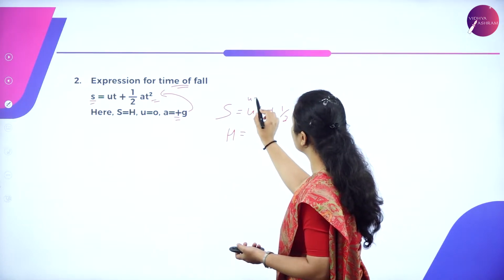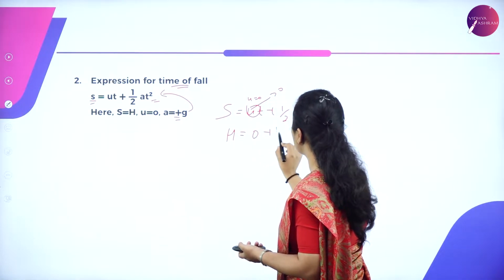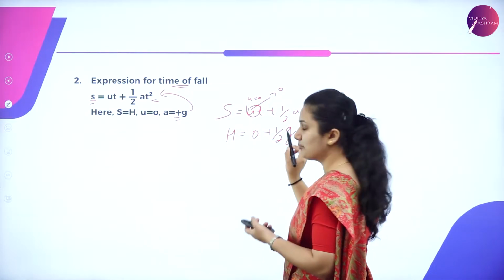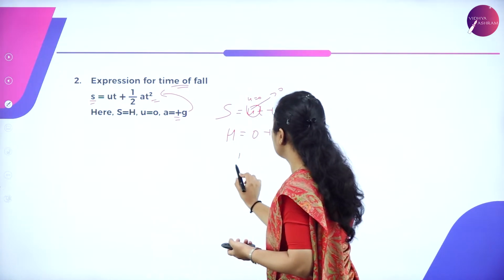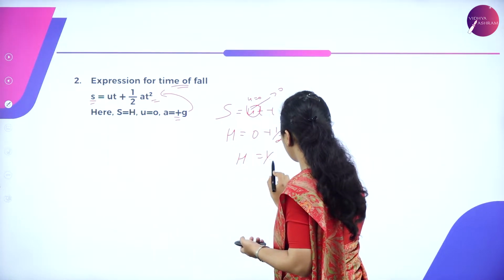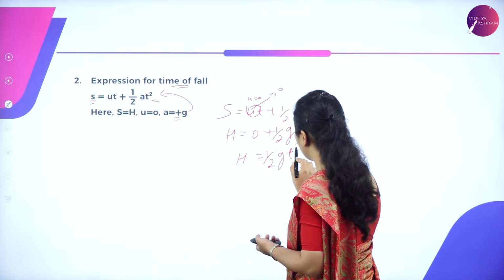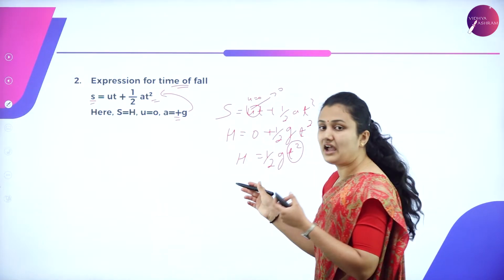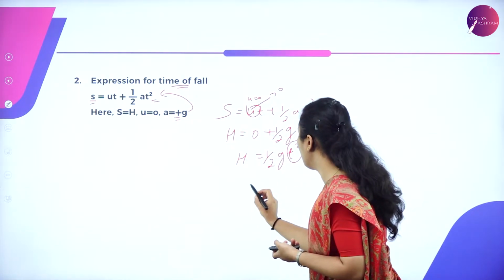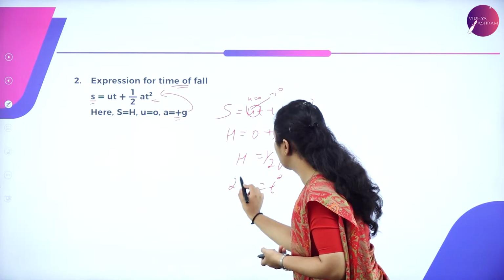Since u is equal to 0, this entire term is 0. 0 plus half, a is replaced by plus g, and t square. So h is equal to plus half g t square. I want t, the time of fall. So I will shuffle the terms so that I'll get t square is equal to 2h.